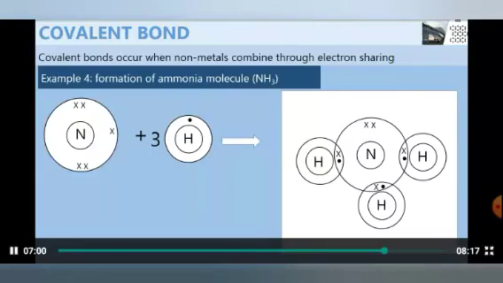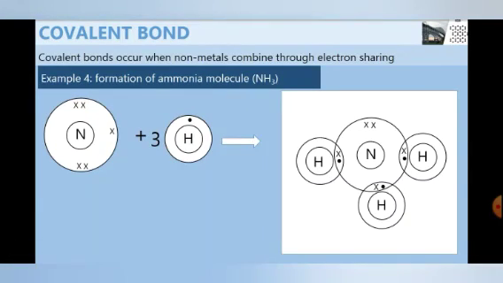as follows. As you can see, now the dot represents the electron from hydrogen and the cross represents the electron from nitrogen. So here we have 1 electron from hydrogen and 1 from nitrogen to form a single covalent bond. The same here, same here.